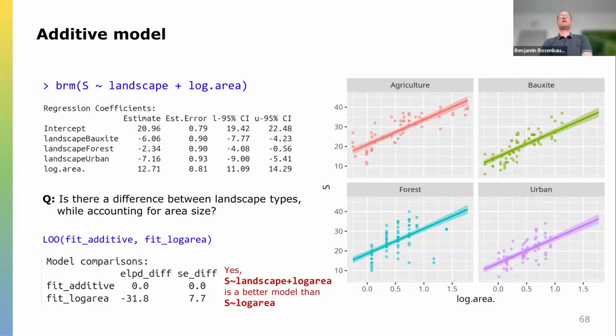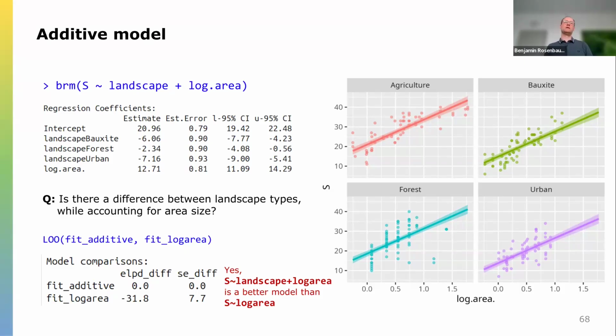And you can test for, is there an actual difference in landscape types while accounting for area size? Accounting for area size means I have to include area as a predictor, and then the difference in landscape type would just be a difference in the intercepts here.